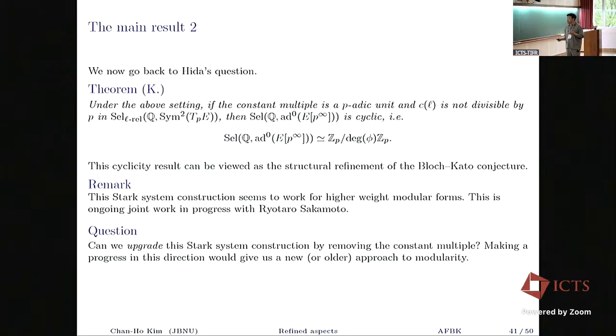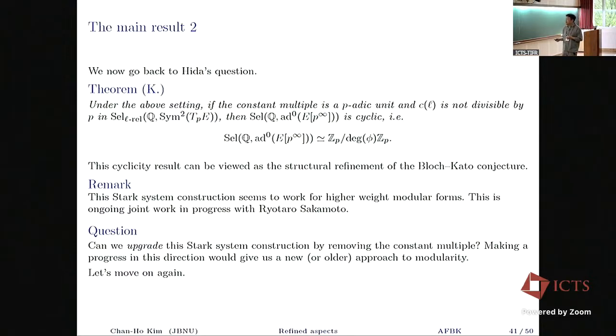All this business will generalize to the higher weight case in this ongoing joint work with Yukako Sakamoto. And the question is, of course, can we upgrade these structures and constructions by removing the constant multiple? That's a natural question. It will give us a new proof of the modularity lifting theorem. So this is the end of my second part.